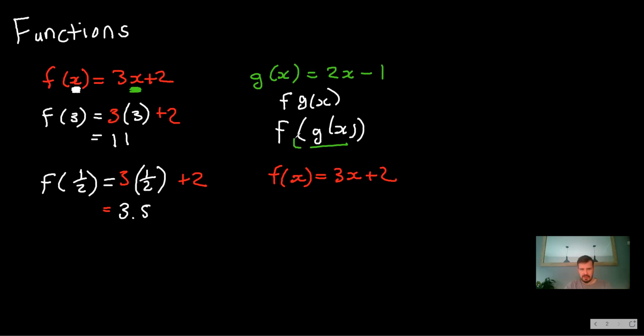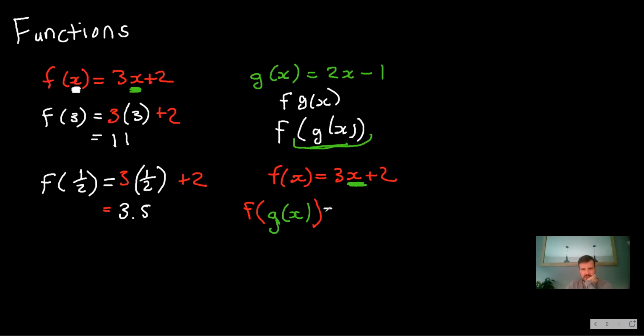So if they were to ask what is f of g of x, well, instead of subbing in an x like a 3 or a number there, f of g of x, let me write it in color so we can see, means instead of putting a 3 or a half, I'm actually putting a whole other function there.